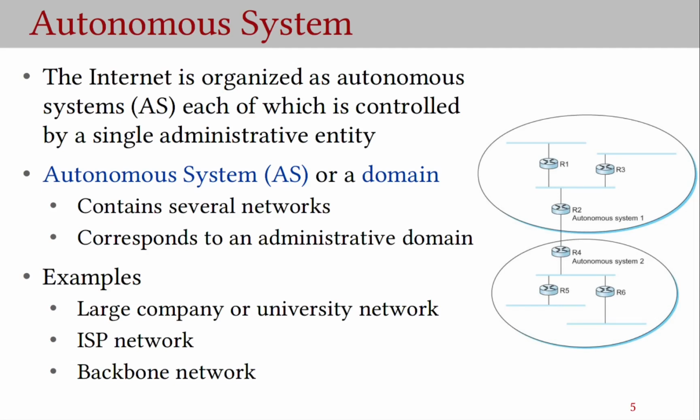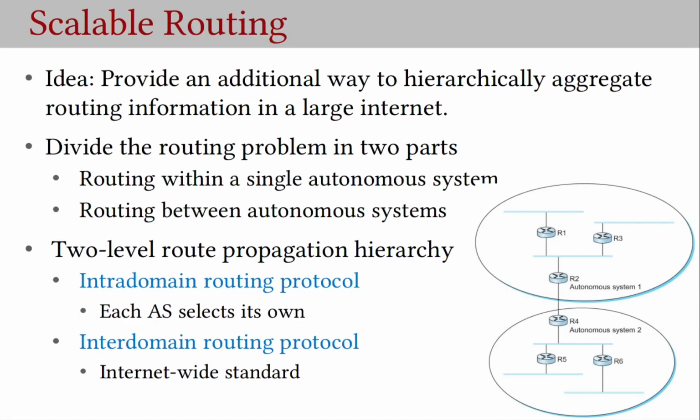The benefit of structuring the internet as a set of autonomous systems is that it gives us a scalable routing. It allows us to hierarchically aggregate the routing information in a large network. And it affords us, by dividing the routing problem into two parts: routing within a single autonomous system and routing between autonomous systems.